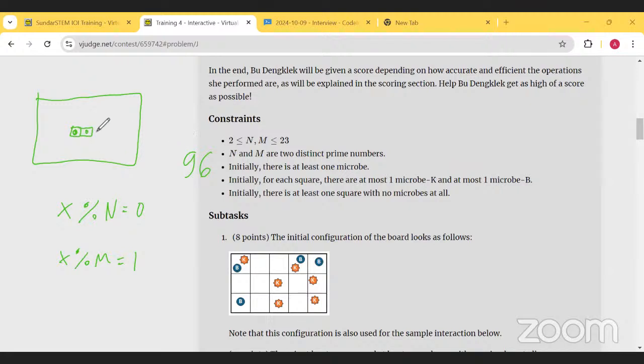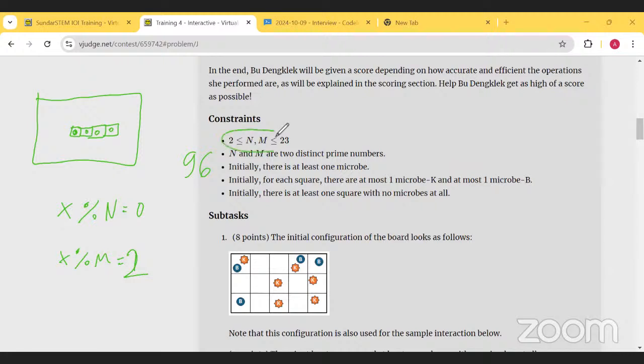After that, we can move it by 2. So we got 4 empty cells here. How to do that? We can find any x that modulo n is 0 and modulo m is 2. Okay.